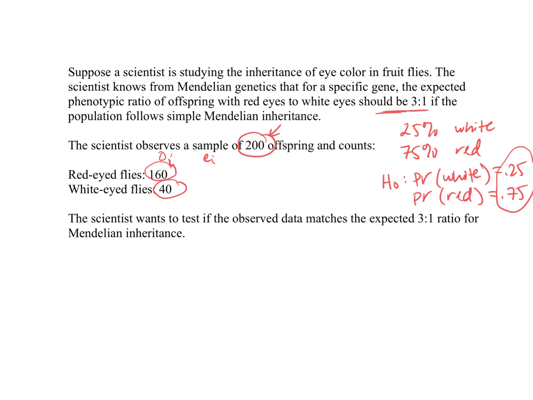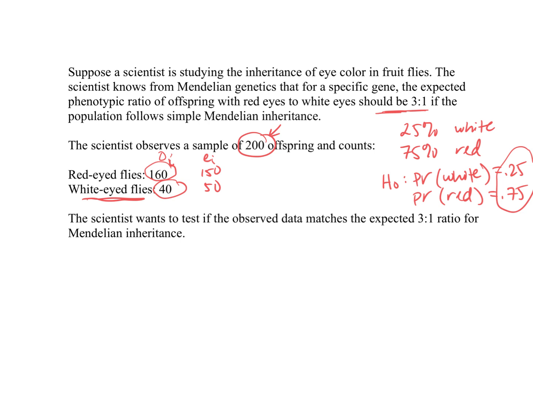Since 25% of them have white eyes, I would expect that the number in this white-eyed category out of a total of 200 would be 50. That's 25% of 200. Similarly, I would expect 75% of 200, or 150, to be in this red-eyed category. So now I have my observed and my expected values for all of the categories. I say all, there's just two.